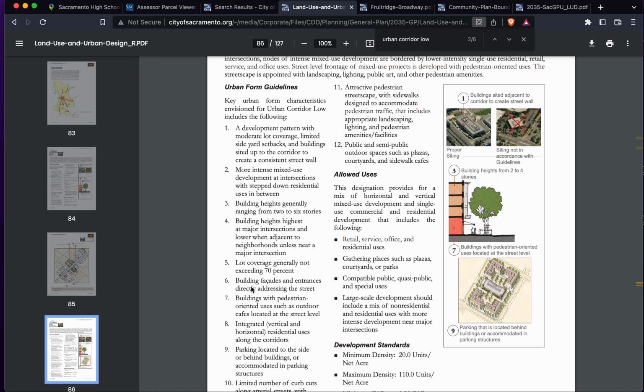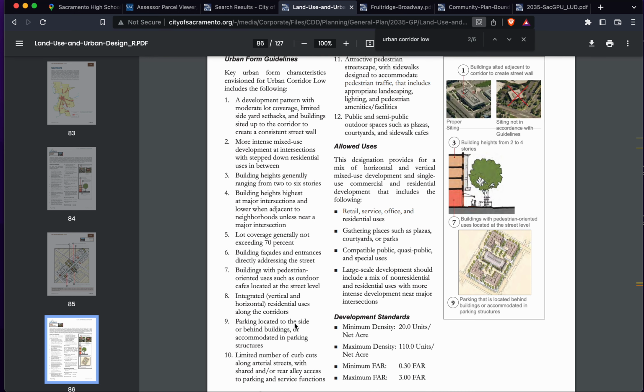Building facades and entrances directly addressing the street. You can't do a pathway or a long entrance. Number seven, buildings with pedestrian-oriented uses such as outdoor cafes located at street level. So we can design something where we have an outdoor area for a cafe.